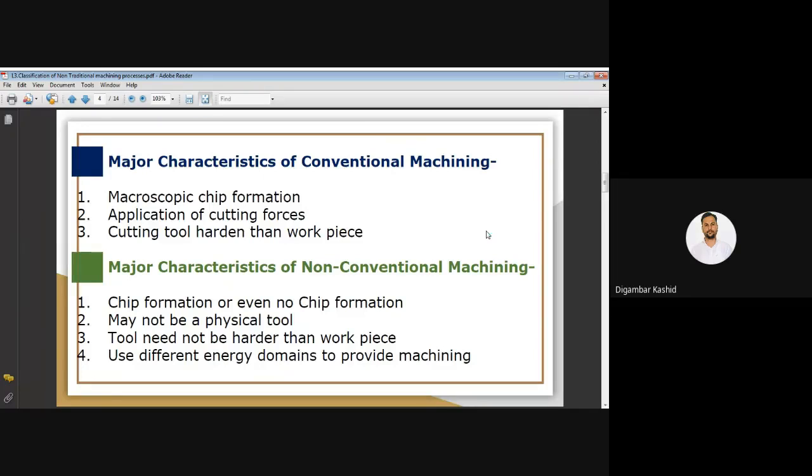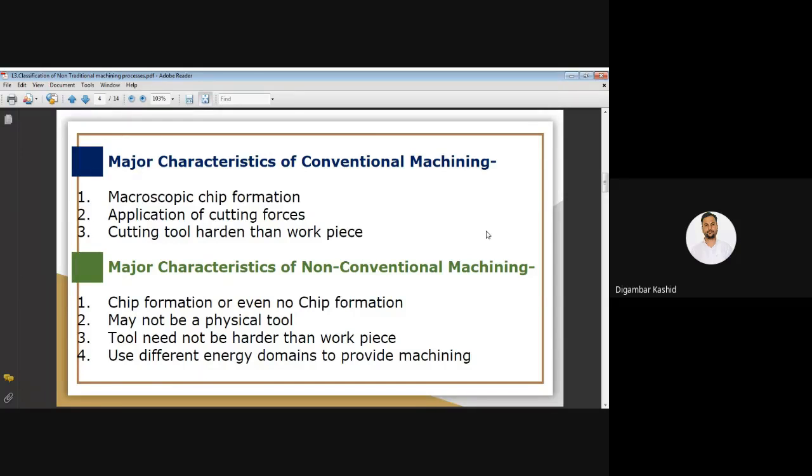Then a very important major characteristic of conventional or traditional machining: whatever cutting tool we use, its hardness should be larger than the workpiece. So in short, cutting tool hardness: the cutting tool should be harder than the workpiece.